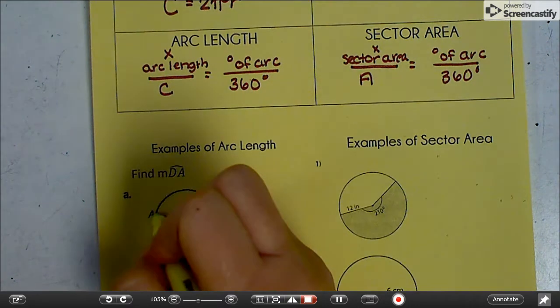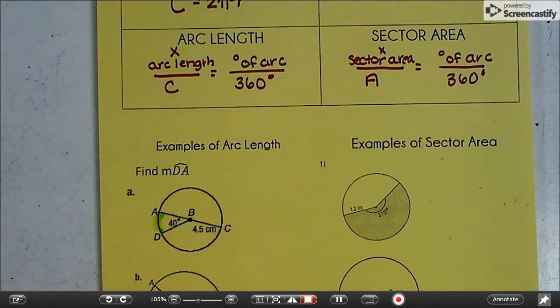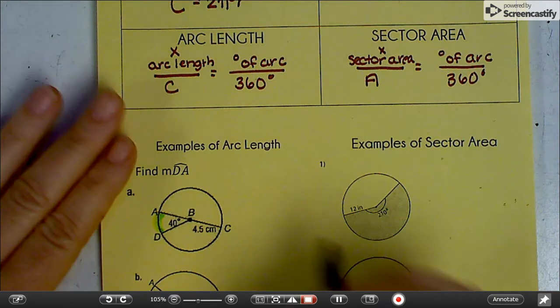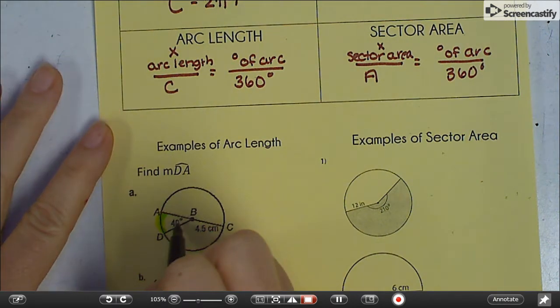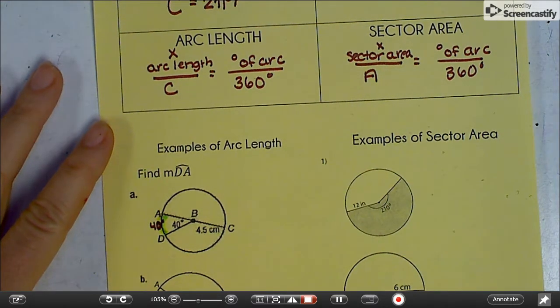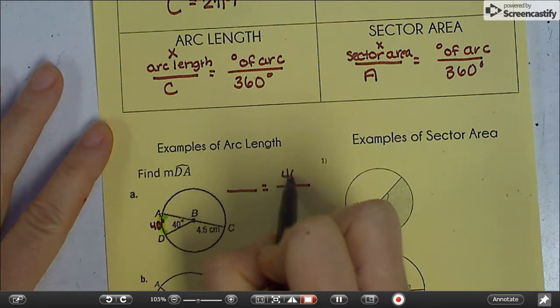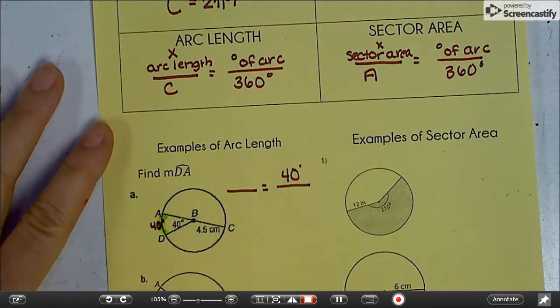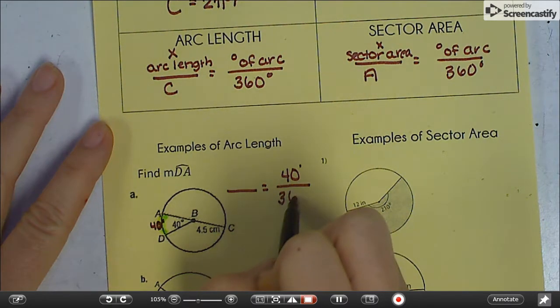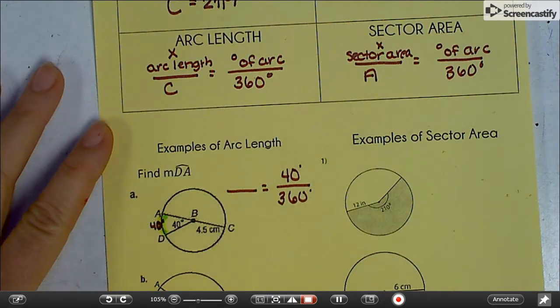This says we want to find the measure of arc DA, so we're looking at that piece. If the angle is 40 degrees, then the arc is 40 degrees, central angles. And the formula, that would go here, the degree of the arc. All circles are 360 degrees.